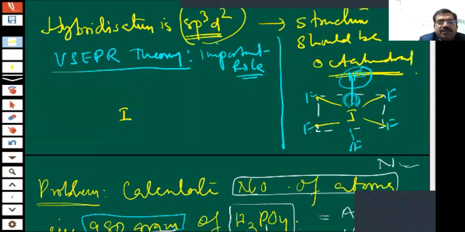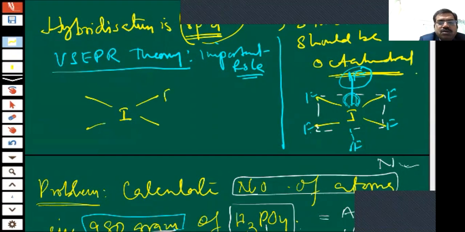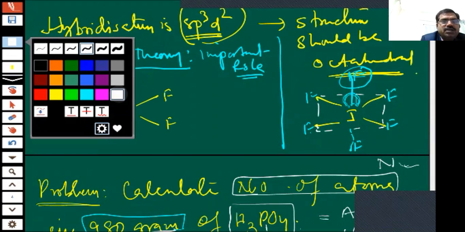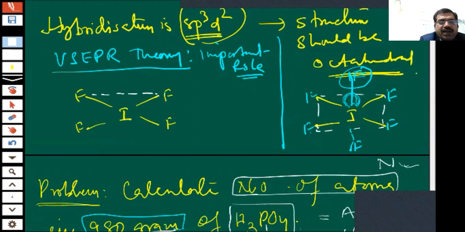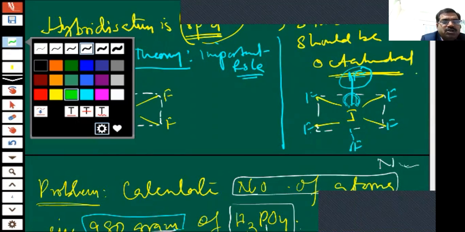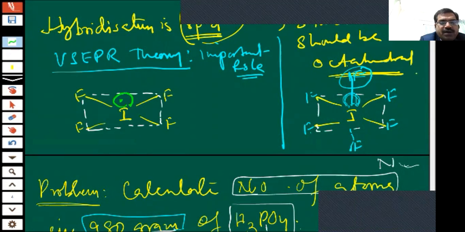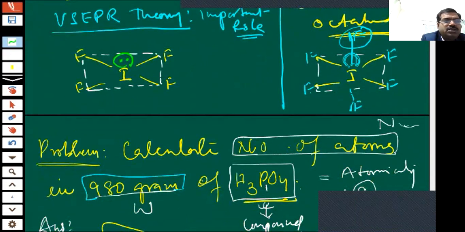This is iodine, this is fluorine, and this is the plane. This position is converted into a lone pair, no atom is there, and one fluorine is here.